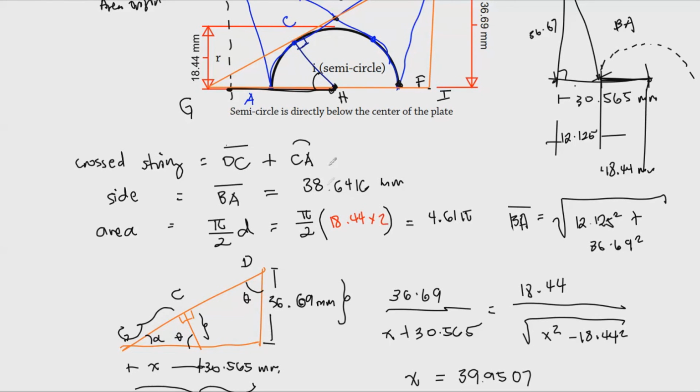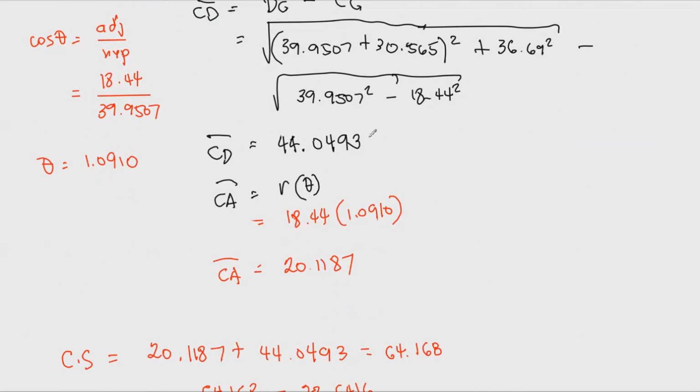Sorry, my bad. So that should be the diameter, and then we divide it by 2, so we cancel this and we're left with this 18.44 pi, which is the semicircle. So this means that we have the r pi, which is simply half of the supposed diameter.